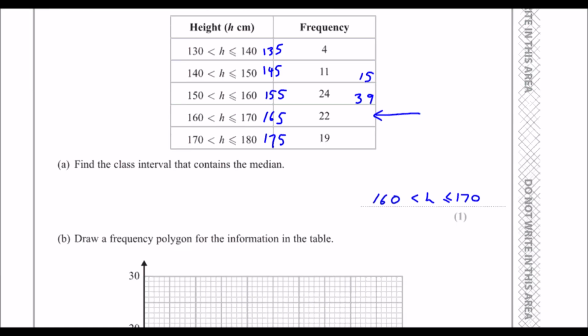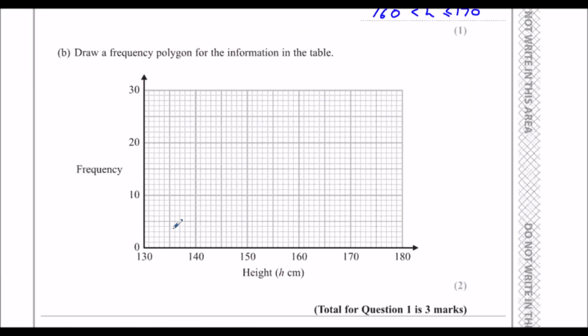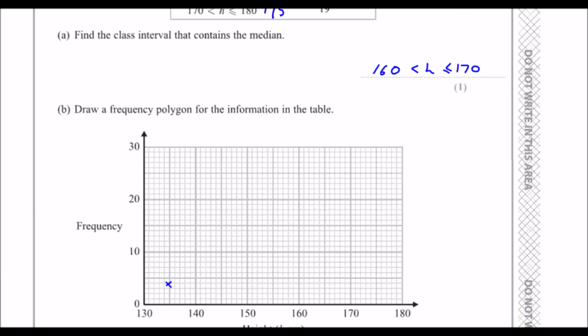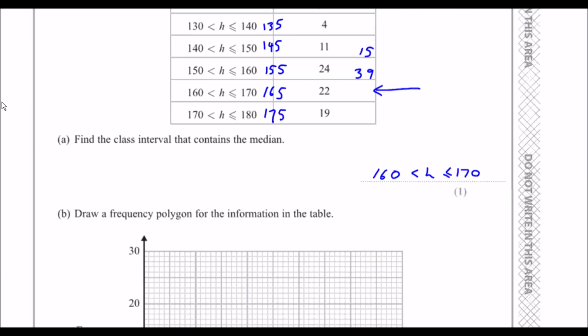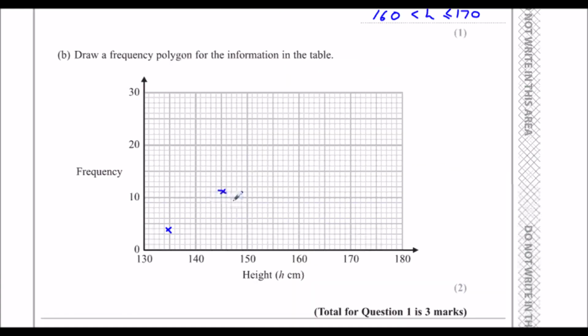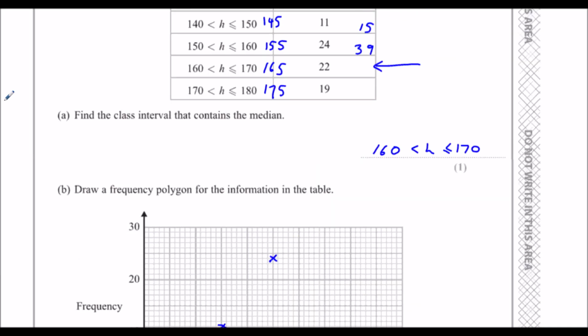So we're plotting midpoint against frequency. 135 against 4. 145, 11. 155, 24. 165, 22.